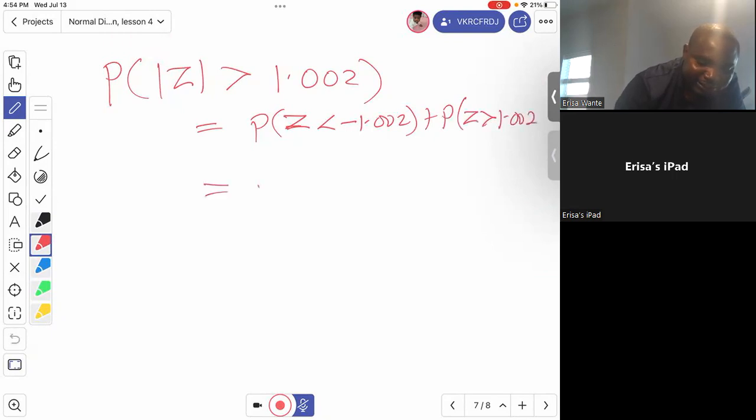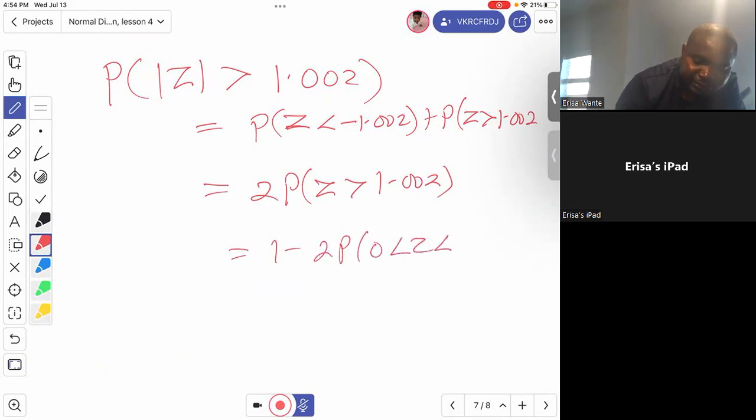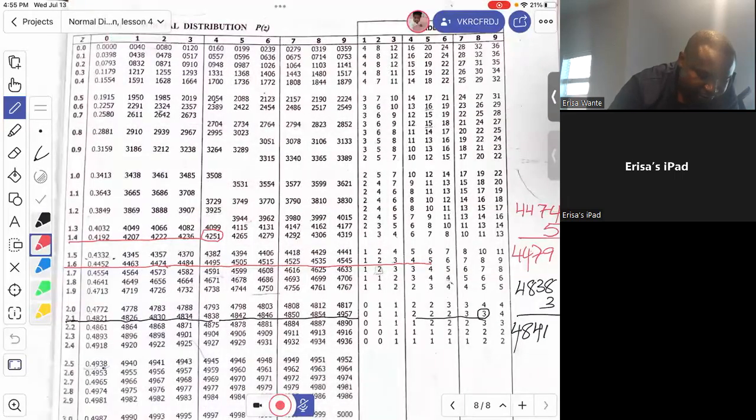Or you can say this is twice the probability of Z more than 1.002, which is the same thing as 1 minus twice the probability of 0 less than Z less than 1.002. So 1 minus twice this probability of 1.002.